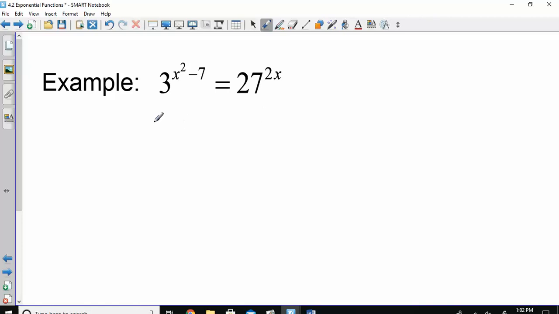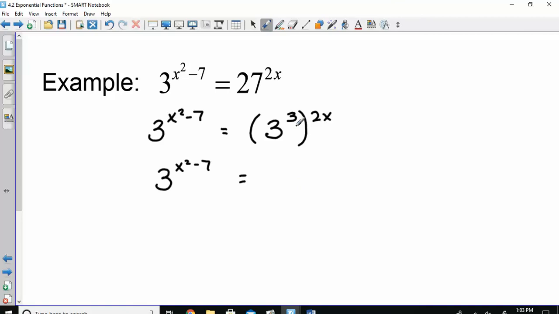So what's my common base? 3. So instead of 27, I would write 3 to the 3rd. So power to a power would multiply those.